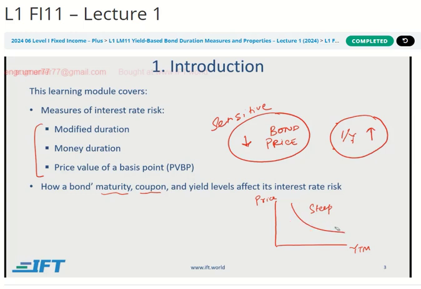This part you can say is the low interest rate environment, because it's the low interest rate, right? And similarly, this part is the high interest rate environment. So the yield level, which means is it a low interest rate environment or the high interest rate environment, also affects interest rate risk. So we'll be looking at all these points.